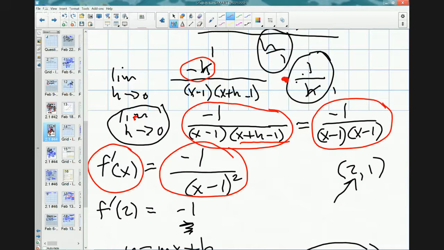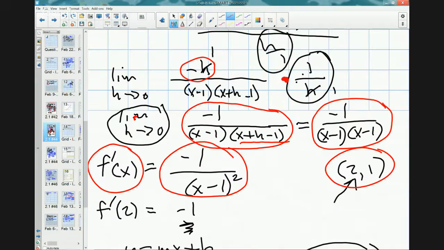Okay, now we'll bring back our point over here, 2 comma 1. What's the derivative when x equals 2? What is f prime at 2? Just like you've learned, what do you do with function notation? You substitute the 2 in for x. Well, what's 2 minus 1 on the bottom there? 1. And what's 1 squared? 1.